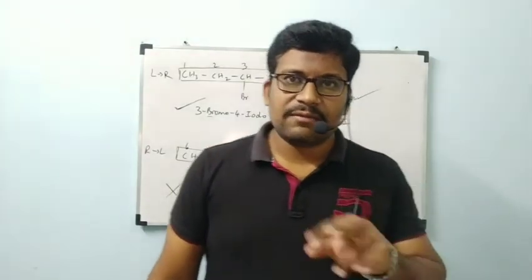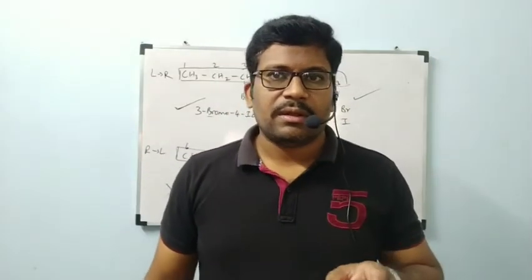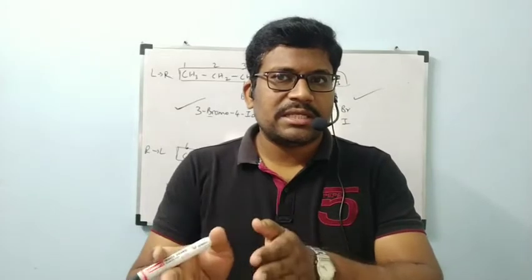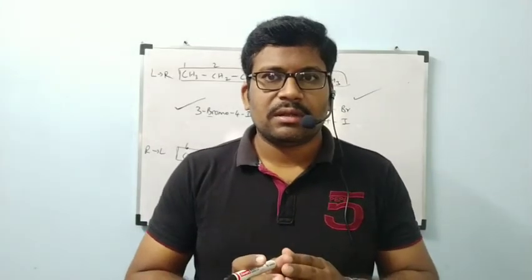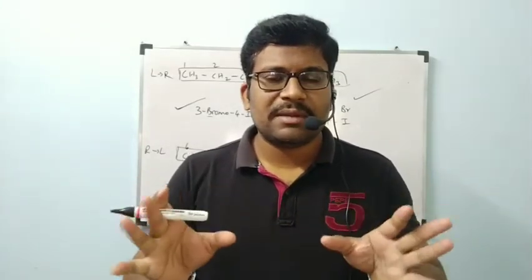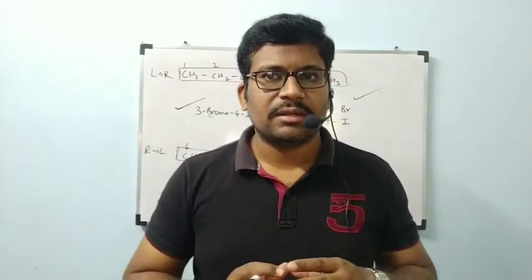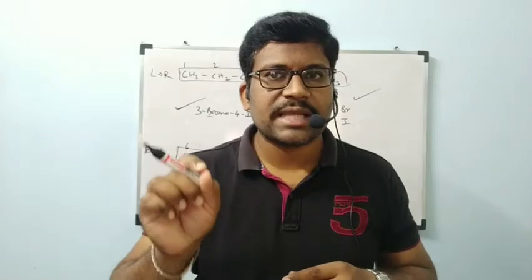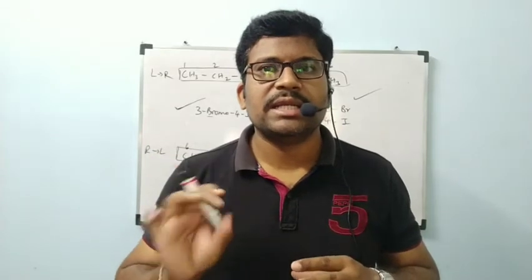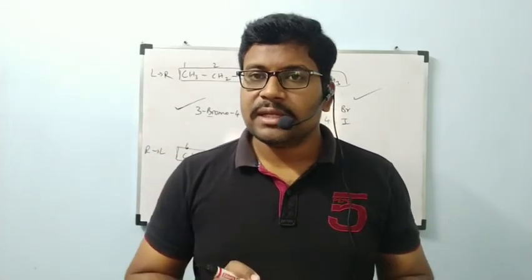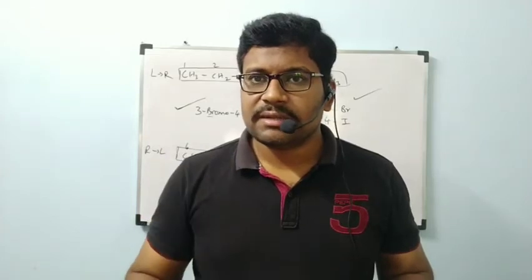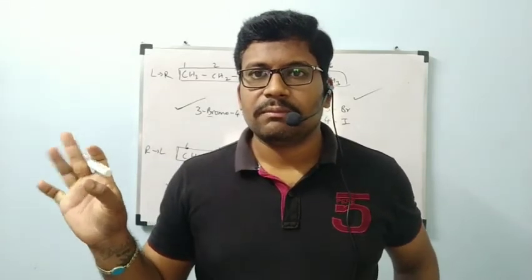Now next, one side chain and one substituent. Here, when we have one side chain and one substituent, there is no need to go for the same number or anything because both are different. Between side chain and substituent, the substituent is highly important. It must get the least number. In which numbering the substituent is getting the least number, that numbering we have to follow, because both are different.